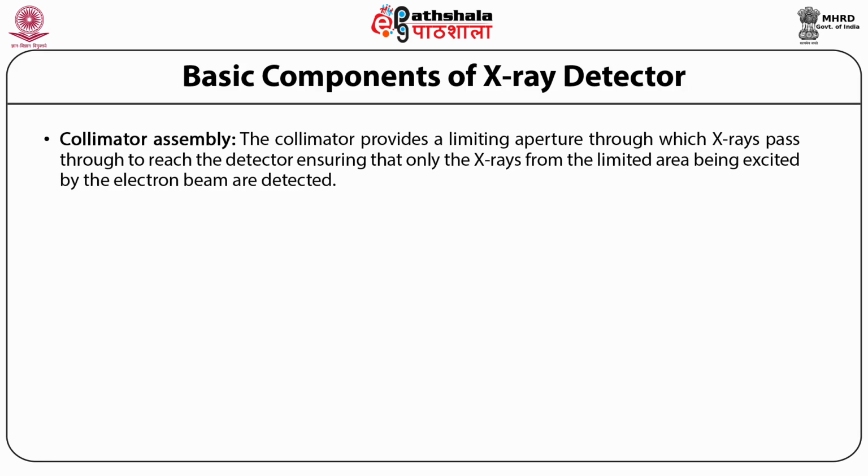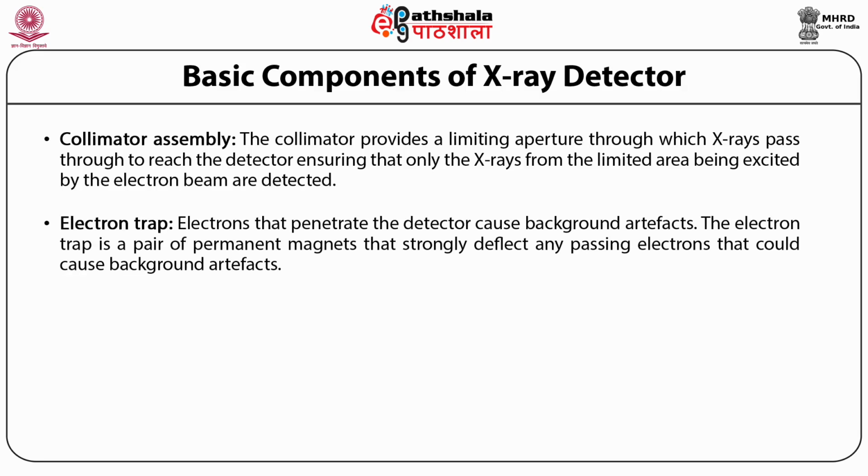The collimator provides a limiting aperture through which the X-rays pass to reach the detector, ensuring that only the X-rays from the limited area being excited by the electron beam are detected.